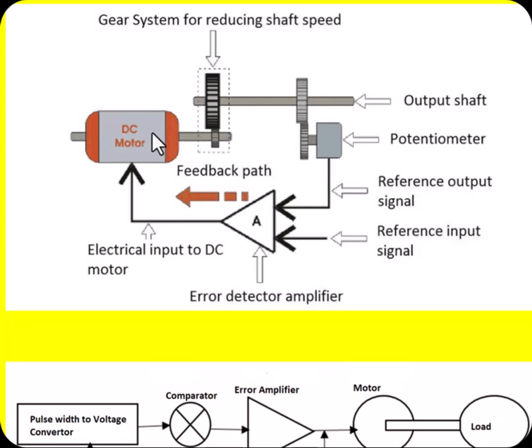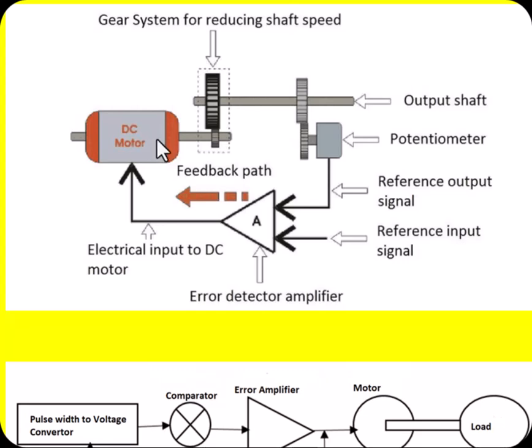Once the motor rotates, the motor will have some output shaft position. That position is sent as a feedback signal to the error amplifier. Then this error amplifier calculates the difference between the feedback output signal and the reference input signal, and that error is amplified and then sent as input to the DC motor.